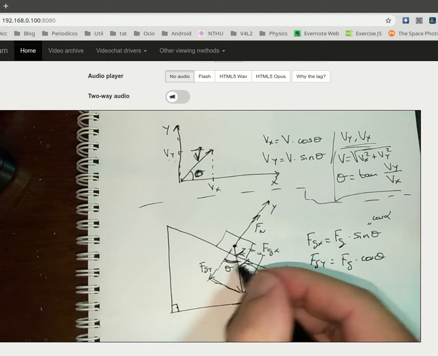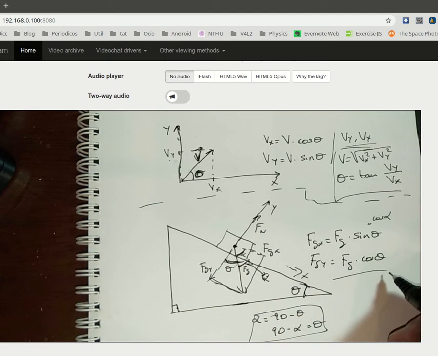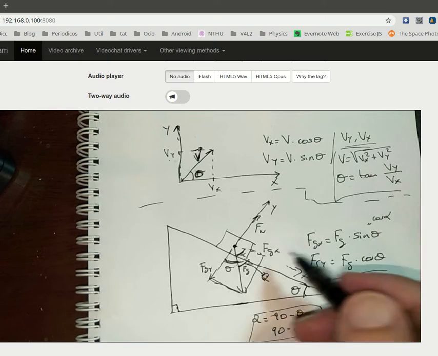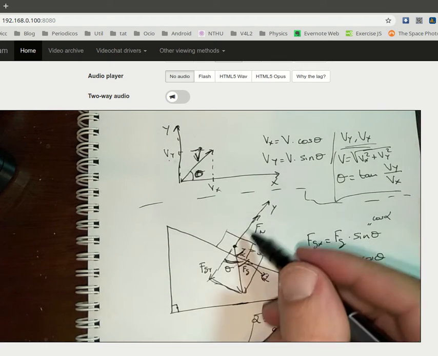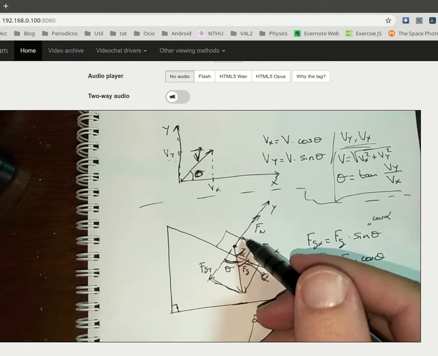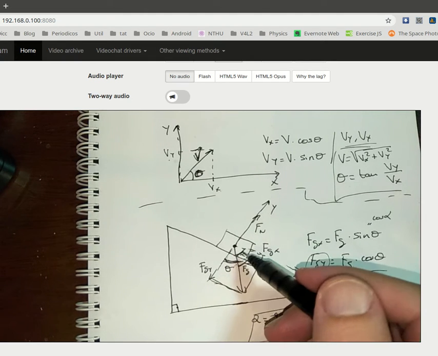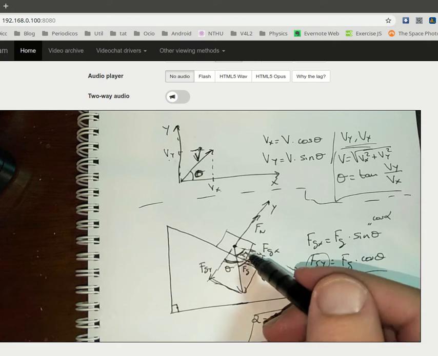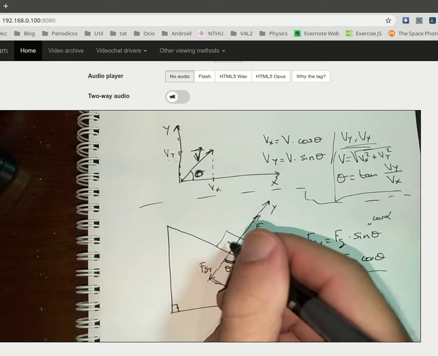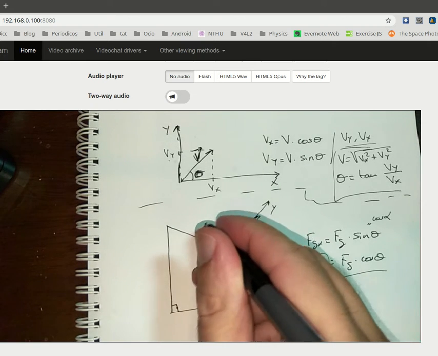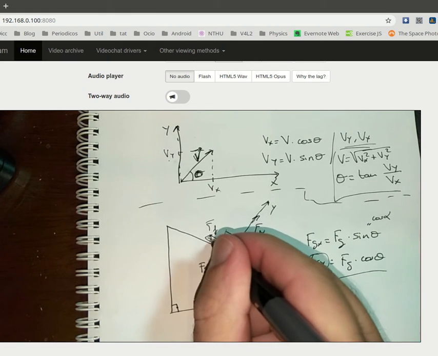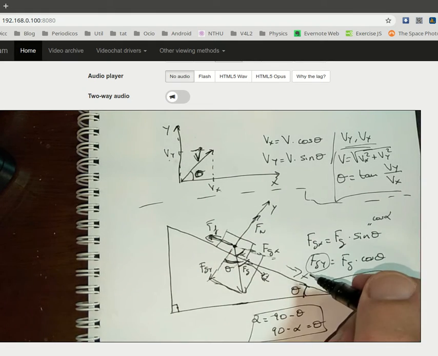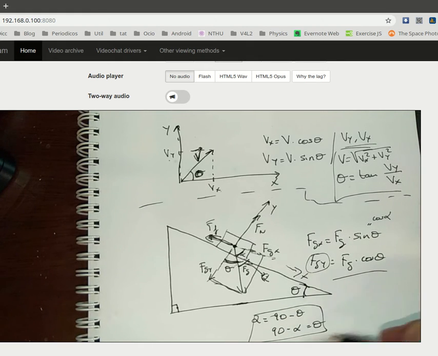It's this one and this. And you have everything in the y-axis and the x-axis. Now this Fy is usually the same as the normal, and this is what produces the acceleration going down. And sometimes you have the friction in here, which is supposed to be in the x-axis, if I draw it right, and that's how it works.